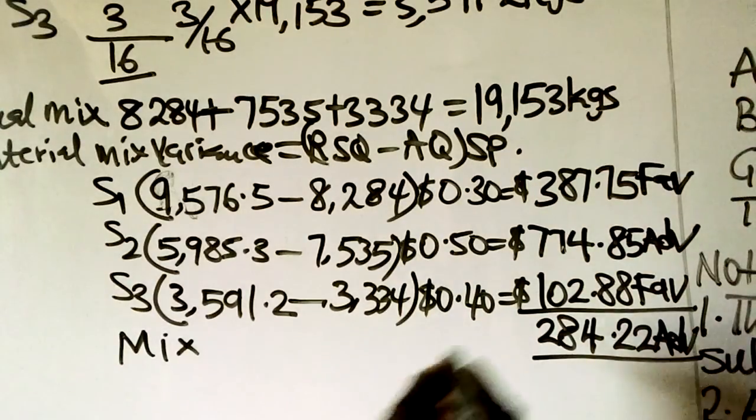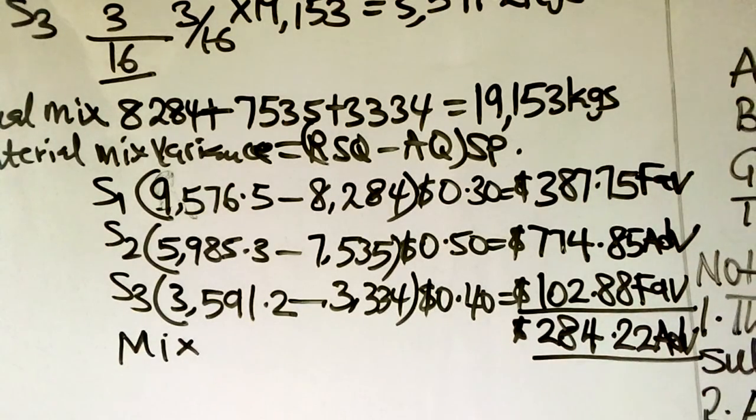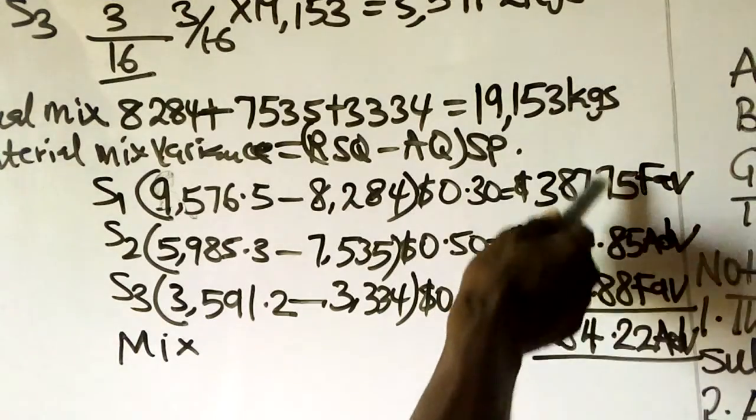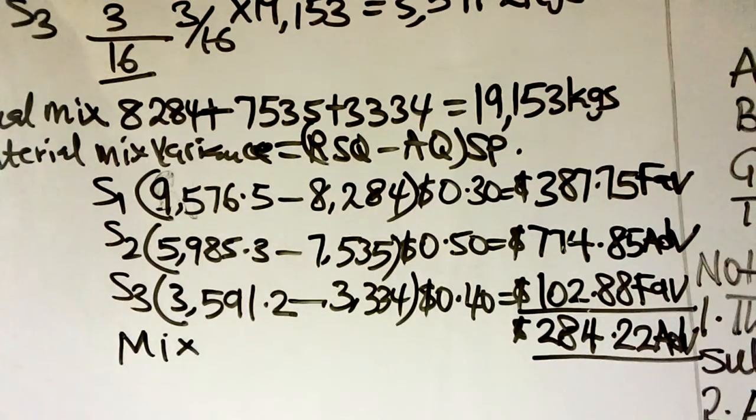It's an adverse variance because the adverse is more than the total of the favorable. So you are still left with 284.22 adverse. Then the next one is material yield variance.